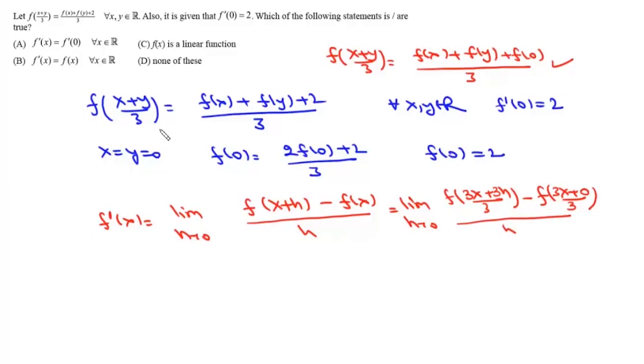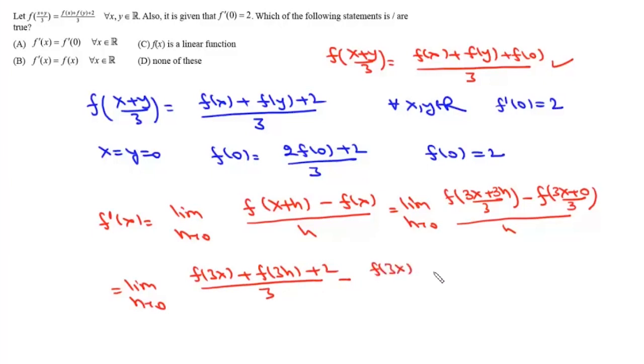Now we'll use this formula. So if we use this formula, we can write this as limit h tends to 0 of (f(3x) plus f(3h) plus 2) divided by 3, and then minus (f(3x) plus f(0) plus 2) divided by 3, whole divided by h.